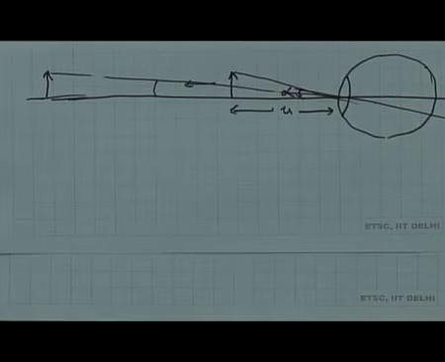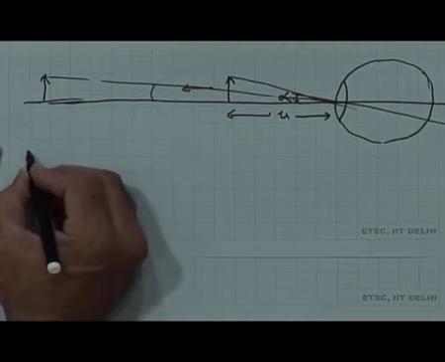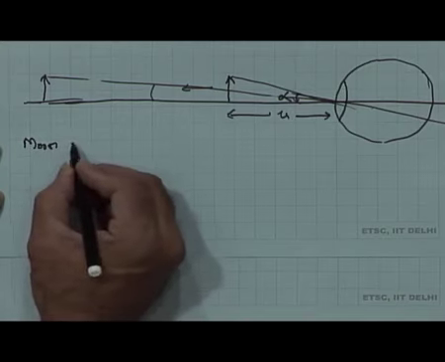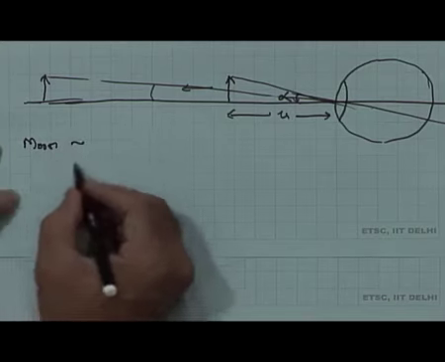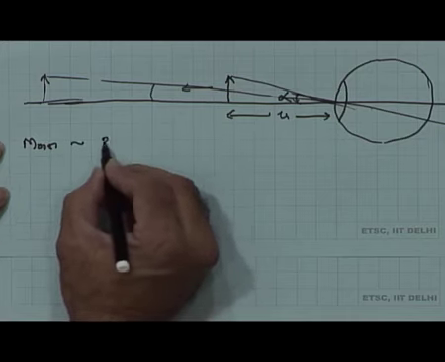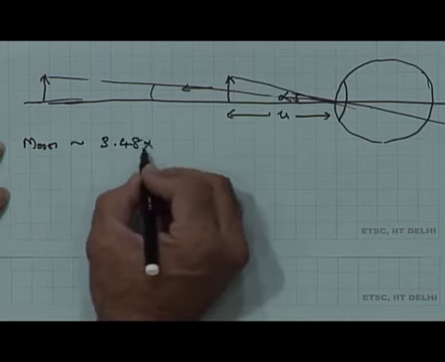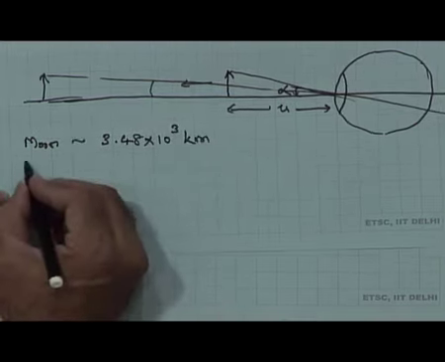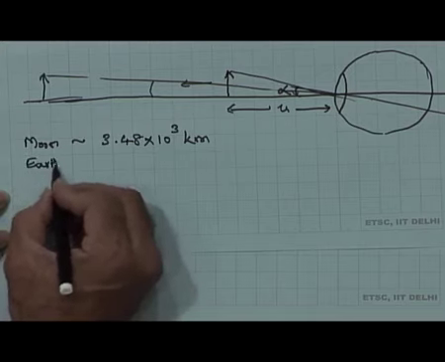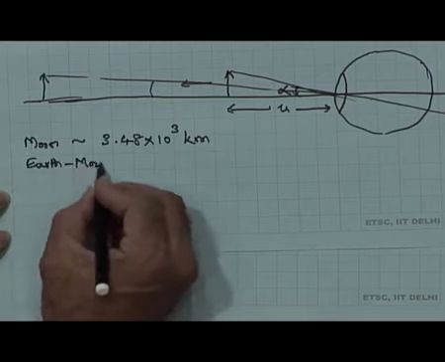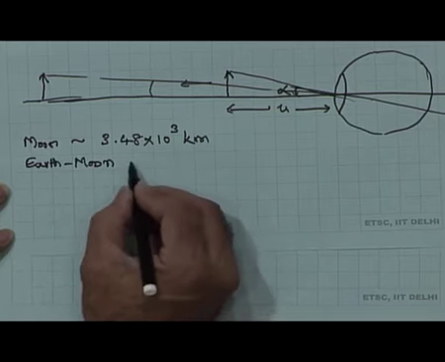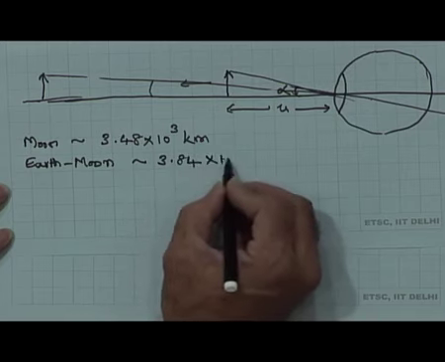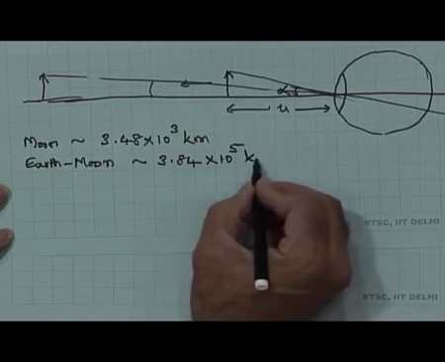Let me take some practical numbers, for example, let us take the moon. The moon has a mean diameter of approximately 3.48 into 10 to the power of 3 kilometers, and the earth to moon distance is approximately 3.84 into 10 to the power of 5 kilometers.